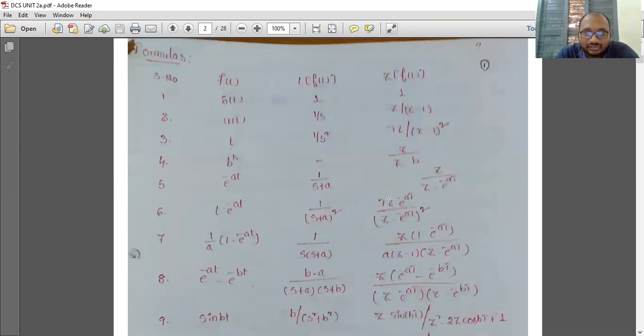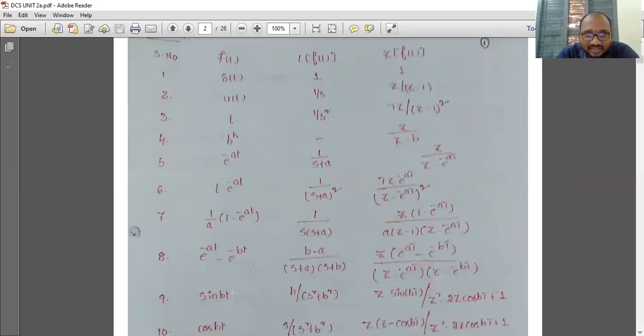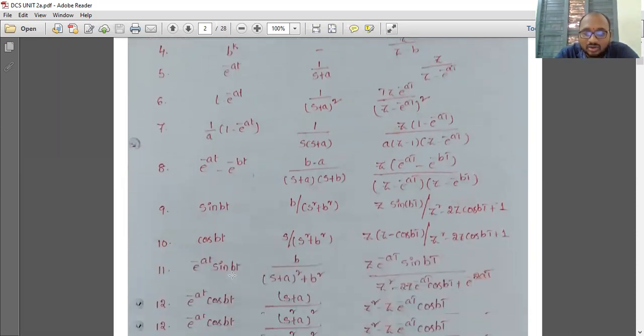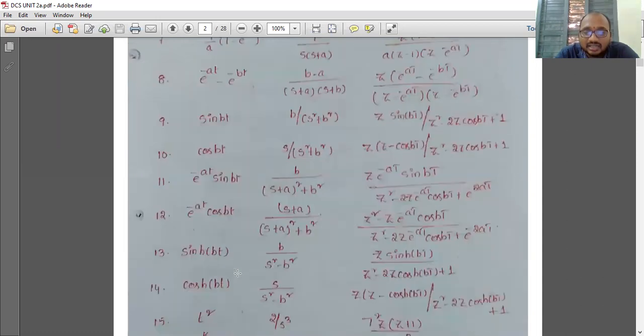Next, this is the list of formulas. F of t is the continuous time varying signal. Here we are taking the different signals: delta of t, u of t, t, b power k, e power minus at, t into e power minus at, 1 by a into 1 minus e power at, e power minus at minus e power minus bt, sin bt, cos bt, e power minus at into sin bt.